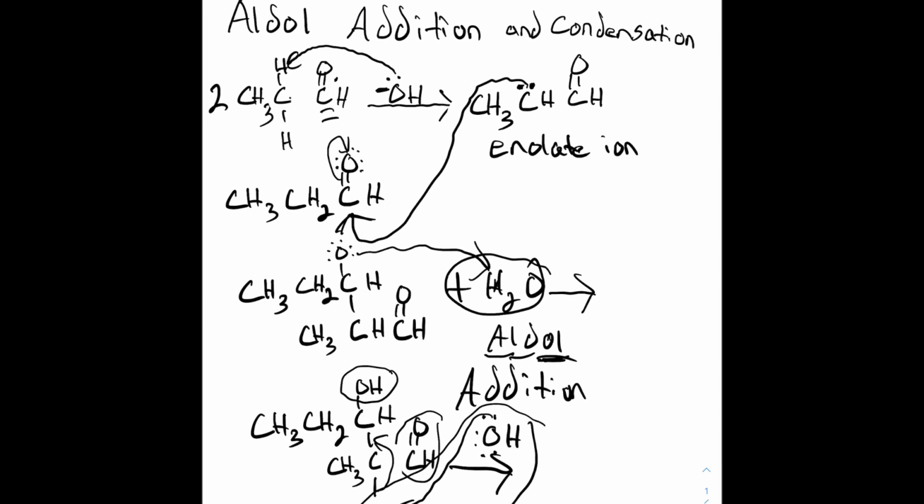And just to be clear, I kept calling these the beta hydrogens. These are actually alpha hydrogens. This is the alpha carbon. An alpha carbon is the carbon that's directly attached to the substituent. In this case, the substituent is this carbonyl group here. So you learned in earlier courses, an alpha carbon is any carbon that's directly attached to a substituent.